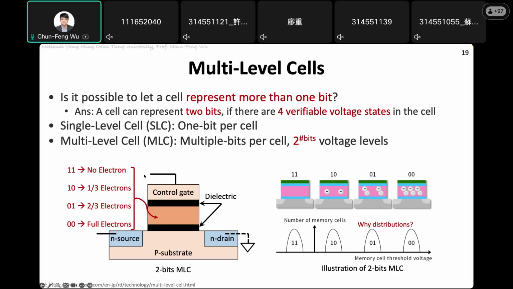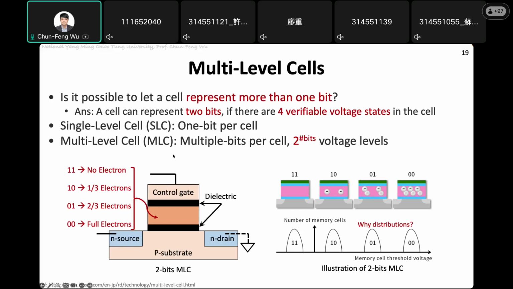So there are a lot of factors that will affect the result. Even if you give the same voltage, even if you give 20 volts to all the memory cells, the amount of electrons really pushed inside the floating gate will be different. This is the reason why these are all distributions, because by nature the floating gates look different.